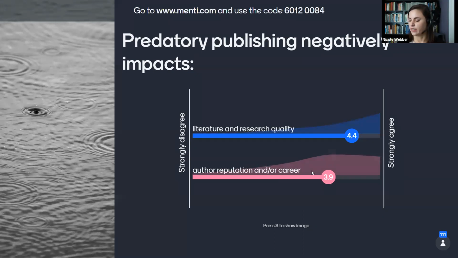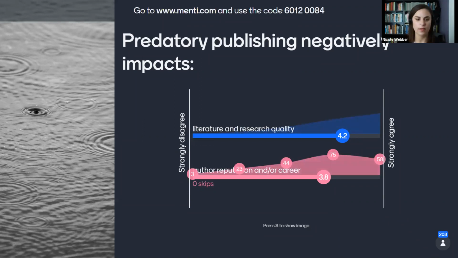So you can see we're weighted a little bit more toward agreeing that there are negative impacts both on the research quality and the career and reputation of authors. And it is our plan to include our results of this in our slides, so you can take a look at those later, but it looks like we've slowed down.